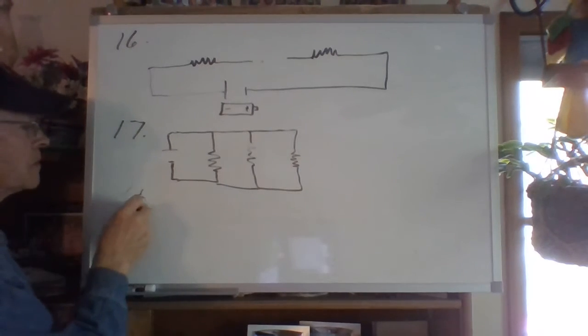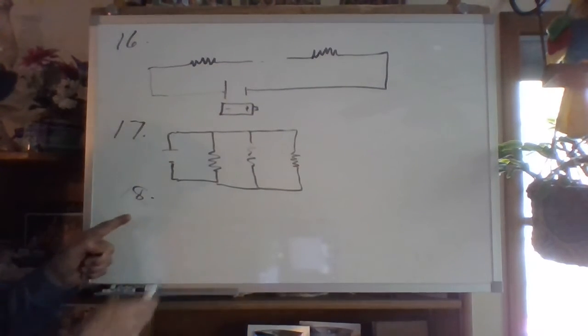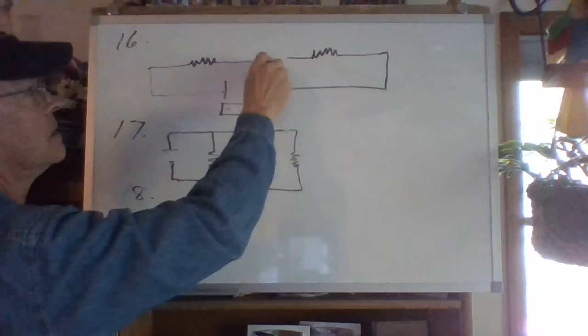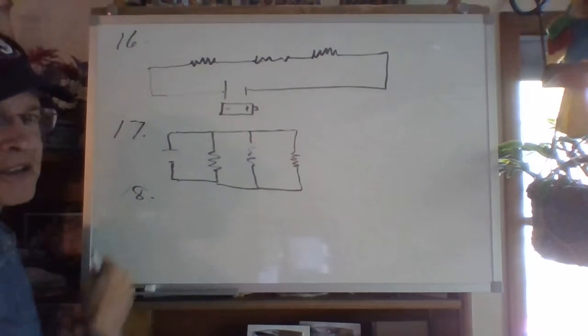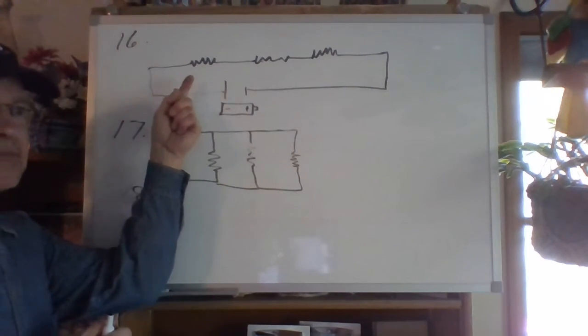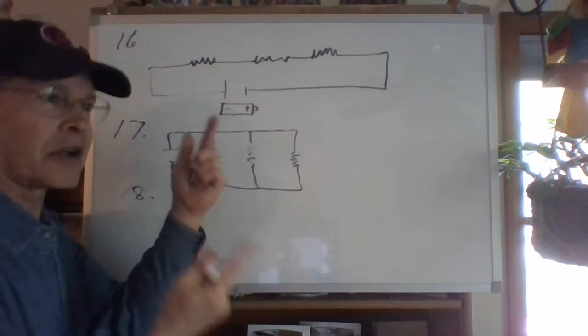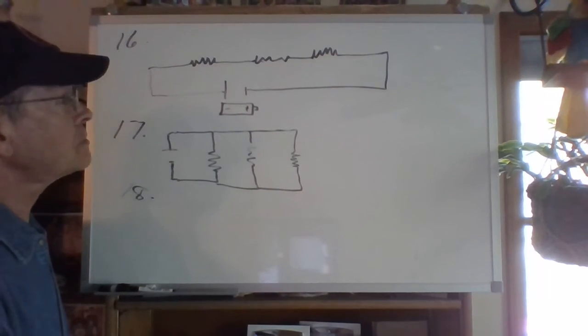And 18. Kirchhoff's first rule says the sum of the currents entering and leaving a resistor. Well, wouldn't the current going in and the current coming out have to be the same? You don't lose current.